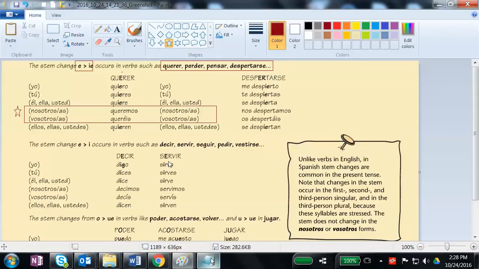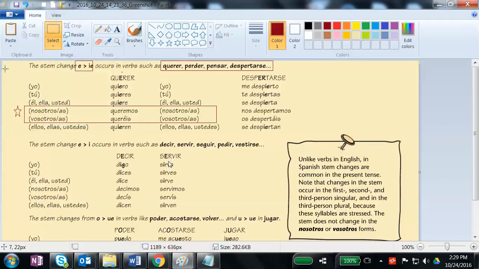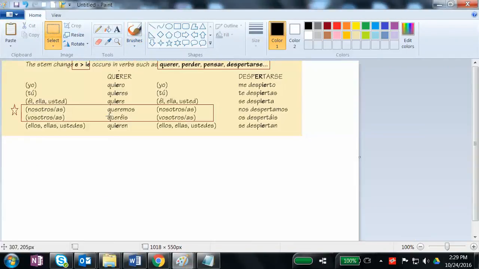So for example, if I take one of these other verbs and do the same thing, we already had despertar written out here.